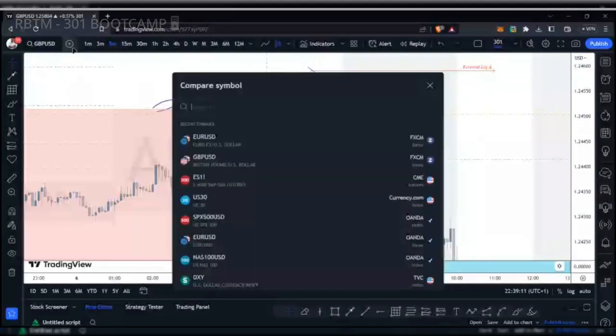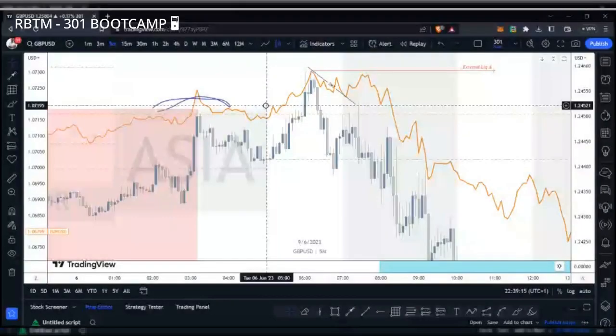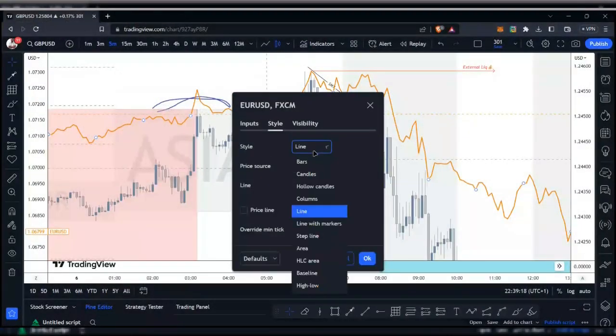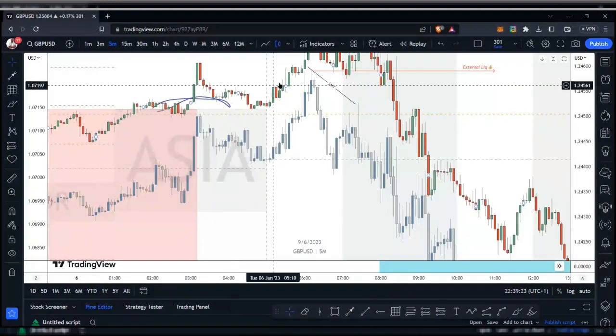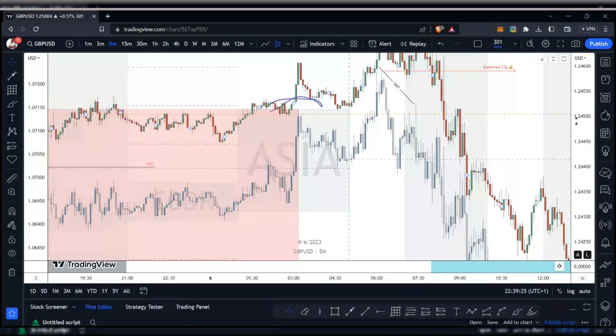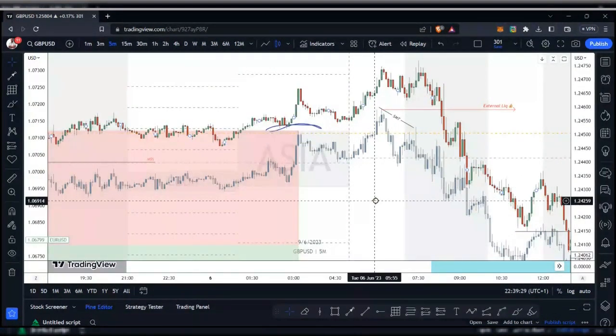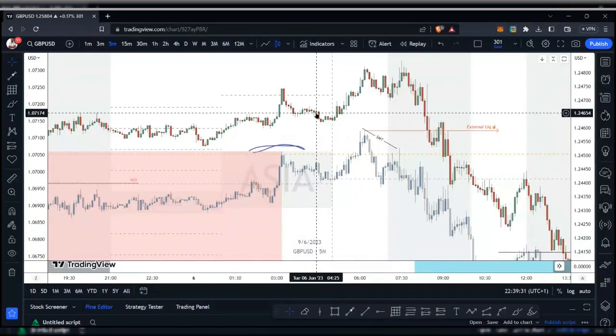Again, let's overlay EU. And let's change this to line chart, and to candlestick, and you know why we want to put it at candlestick, right? So let's see. Was there a divergence? Can you see it? Do you see it, or should I draw it out for you?